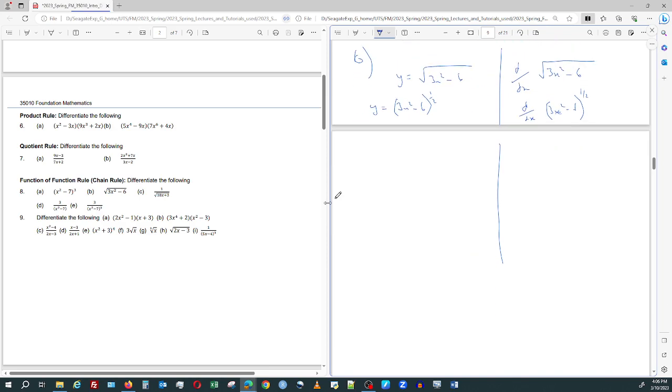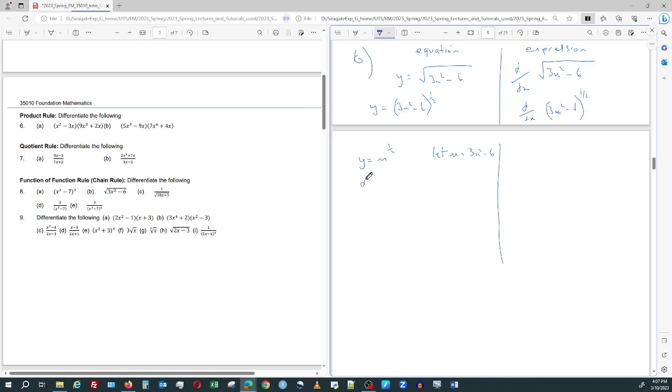One's an equation, and one is an expression. So over here we'll let u equal 3x squared minus 6. And over here we can write y equals u to the half.